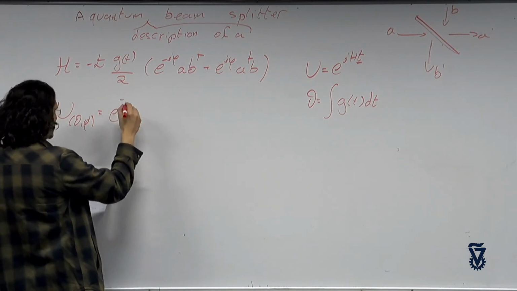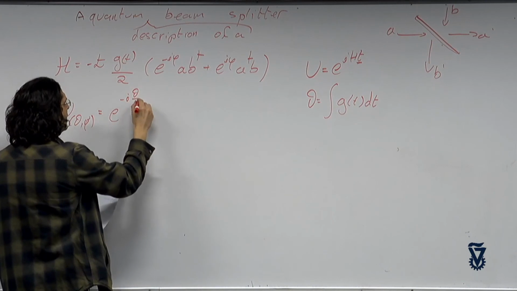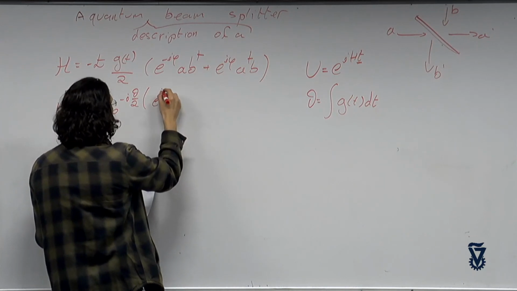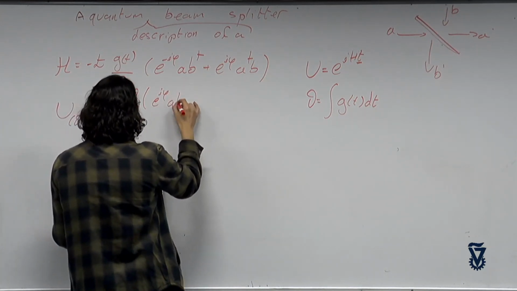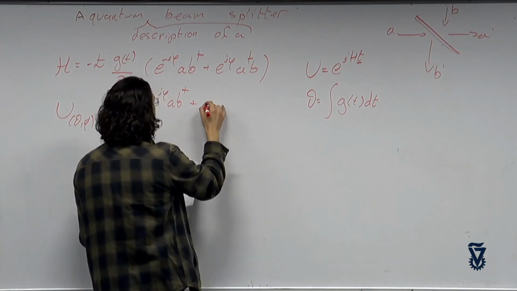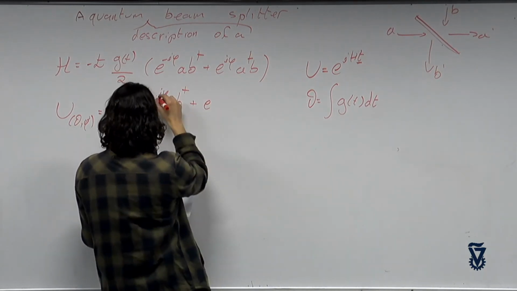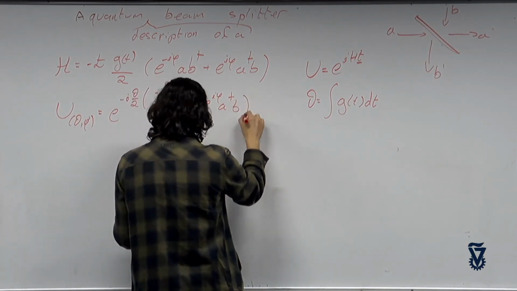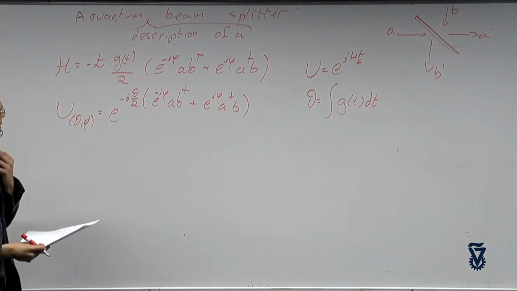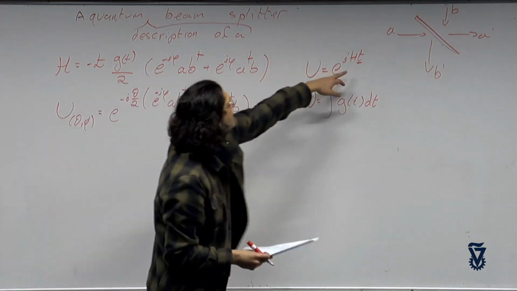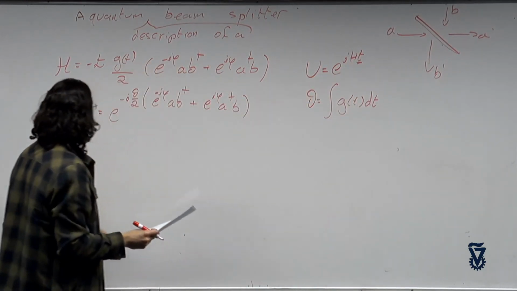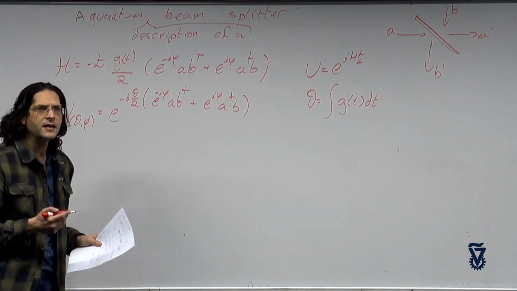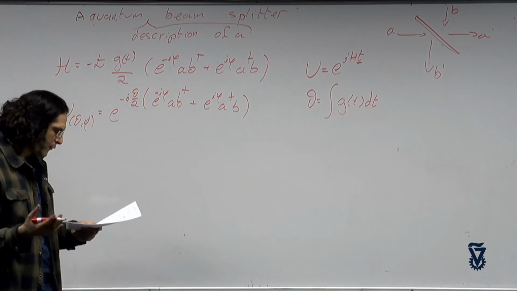It's going to be e to the minus i theta over 2 times e to the i phi A B dagger plus e to the, missing a minus here, minus i phi A dagger B. So this is the unitary. All I did is plug this into G over here.